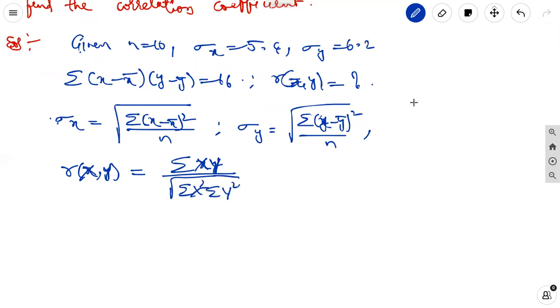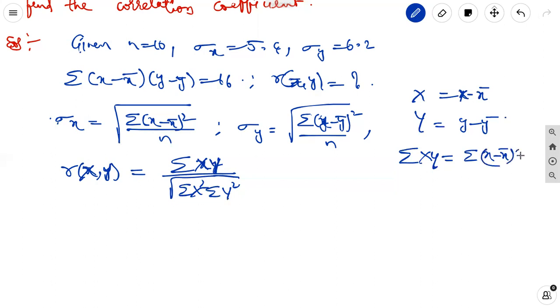Here capital X equal to x minus x bar, capital Y equal to y minus y bar, and summation of XY is equal to the sum of (x minus x bar) into (y minus y bar).